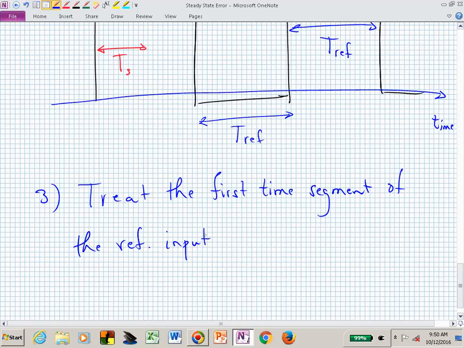But we know as long as we've reached the settling time, we can now transition and we can do it again. But we treat the first time segment of the reference input as if it goes forever.